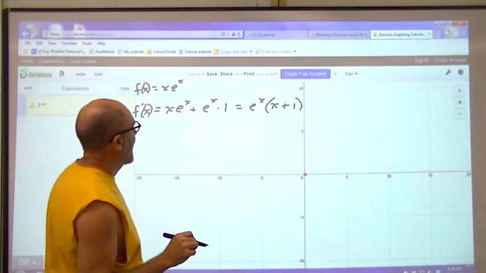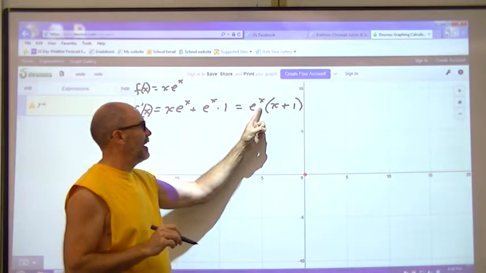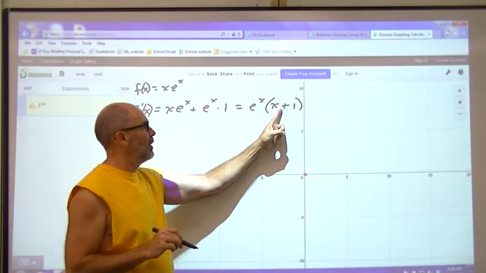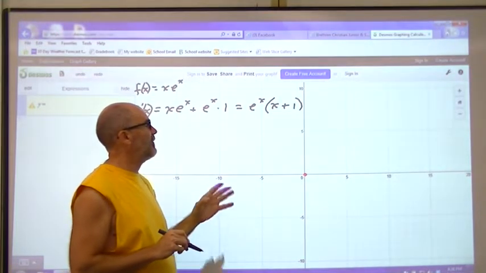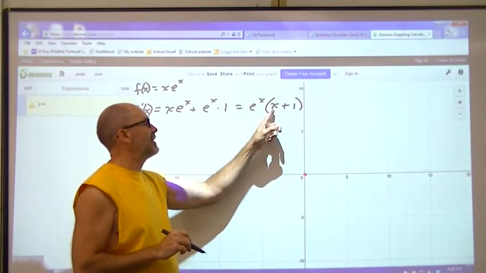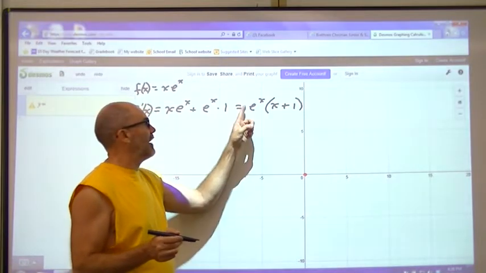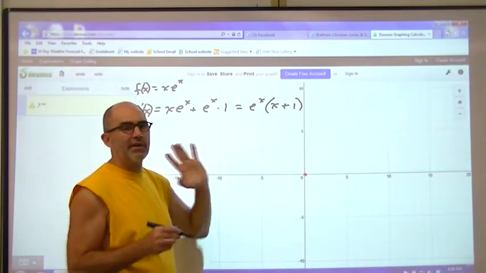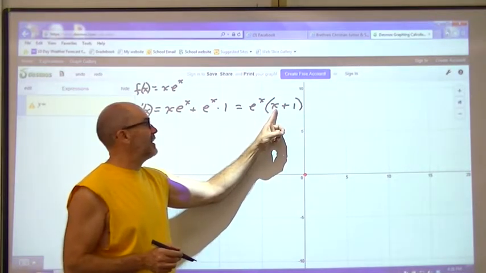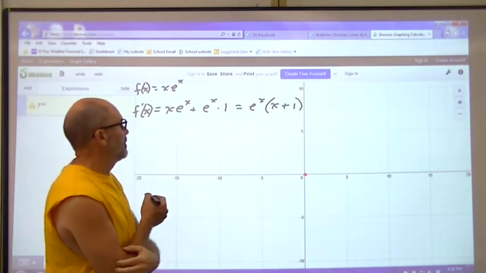So now, if x is positive, then I've got a positive times a positive, which is positive. If x is negative, well, let's say if x is less than negative 1, I've got e to whatever power, which is always positive. So if x is less than negative 1, suddenly this derivative is negative.